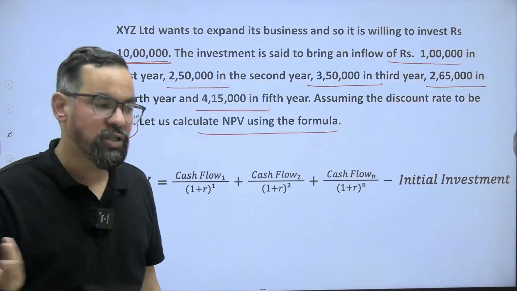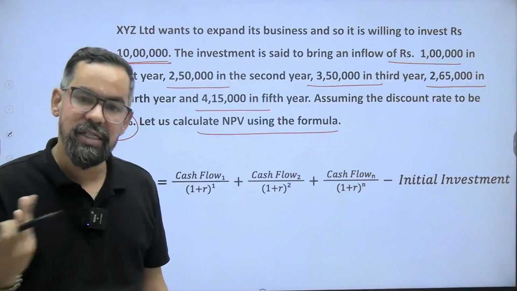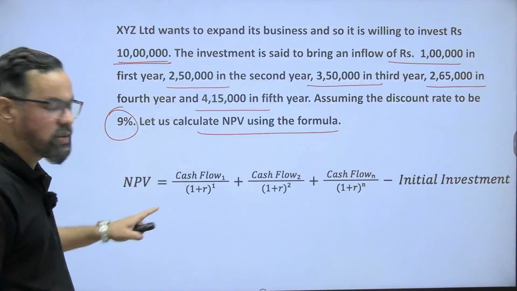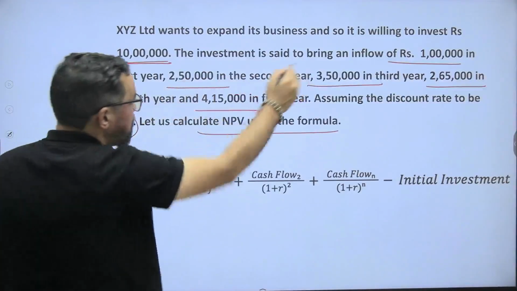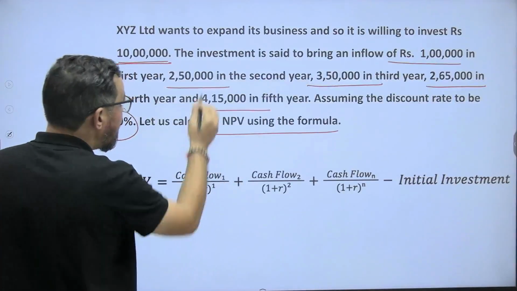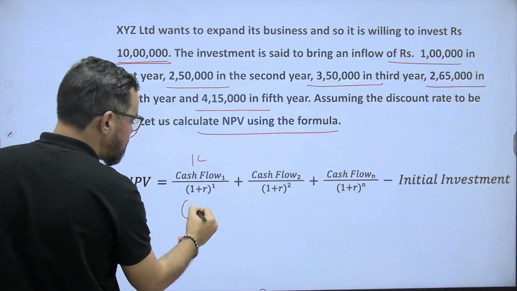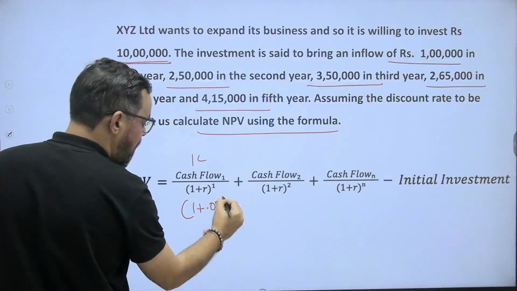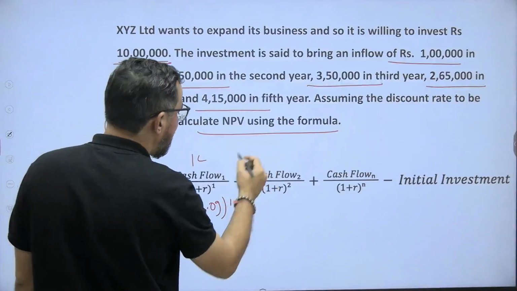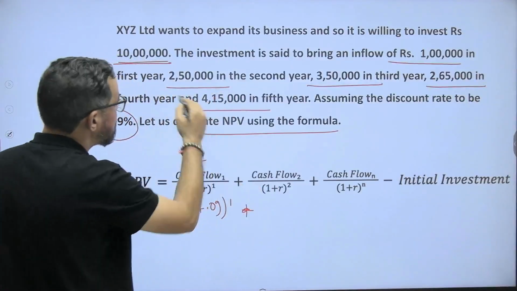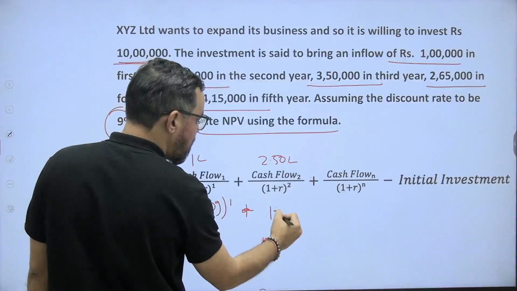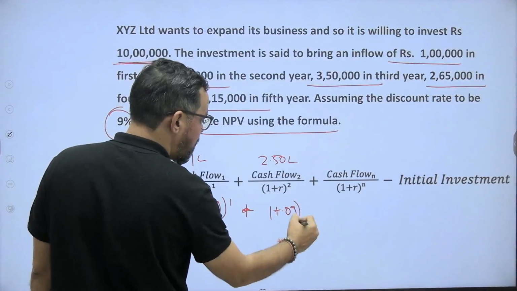If it is positive, your answer is yes, and if it is negative, your answer is no. Simply. So how will you calculate this one? Similar to this. Inflow in the first year, 1 lakh. Discount rate is 9%. That means 1 plus 0.09 to the power 1. Second year inflow is how much? 2,50,000, 1 plus 0.09 to the power 2.